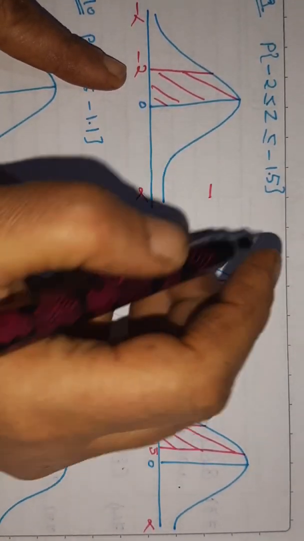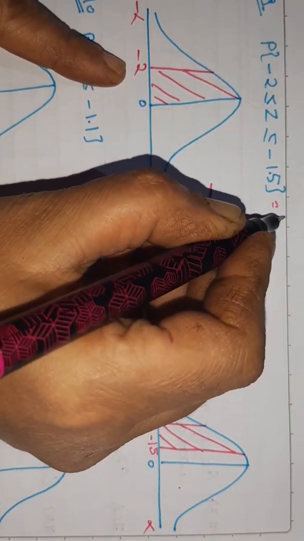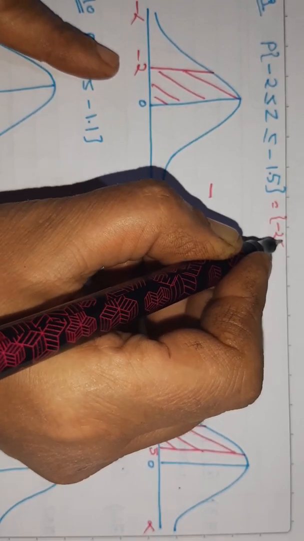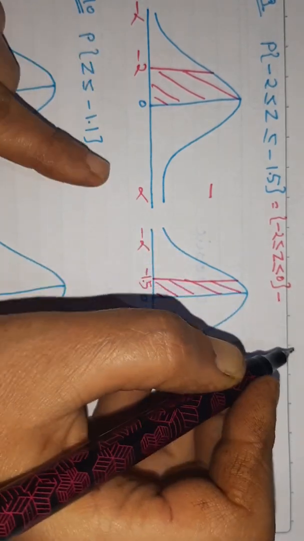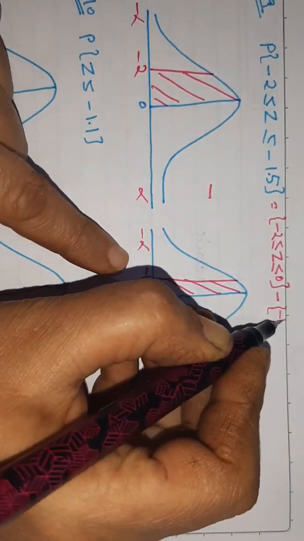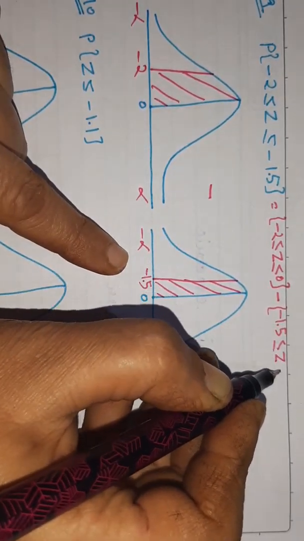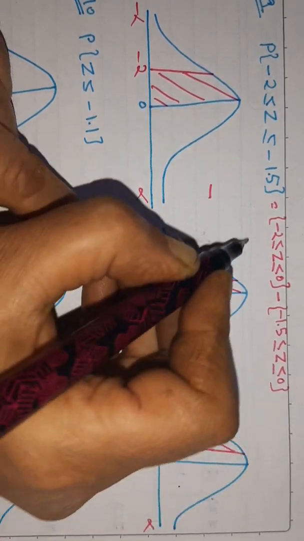If we write it here, it will be minus 2 less than or equal to z less than or equal to 0 minus minus 1.5 less than or equal to z less than or equal to 0.